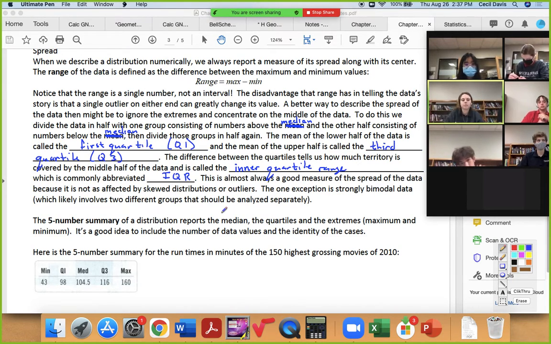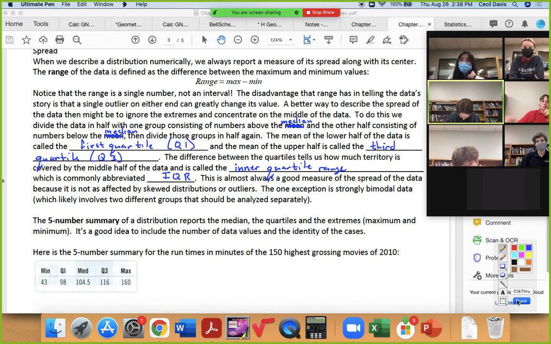For example, if we were doing heights of students, you probably would have one spike near the average height of the guys and one spike near the average height of the girls. So that would be a bimodal distribution because you have two different groups that have actually different characteristics.